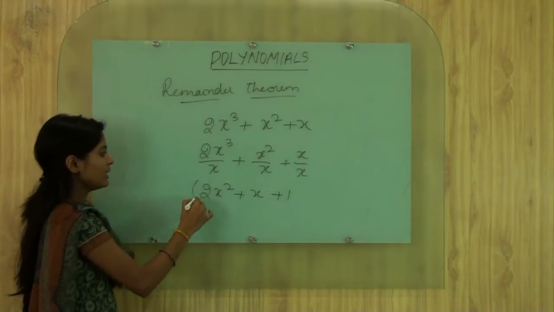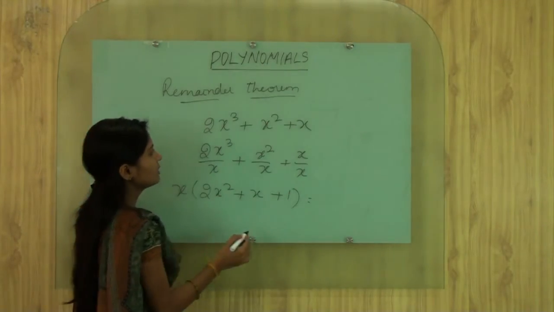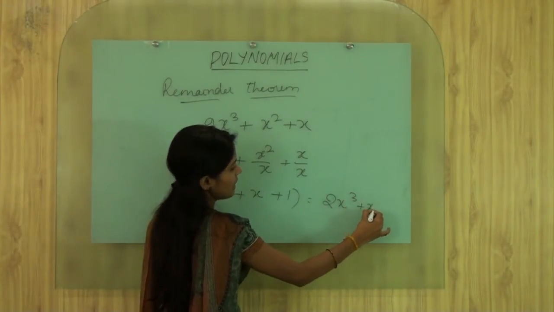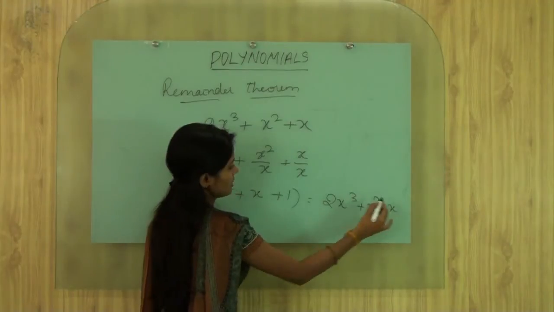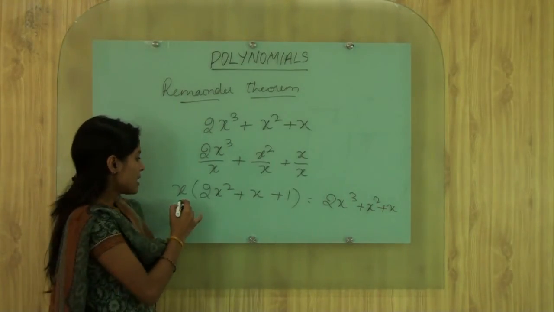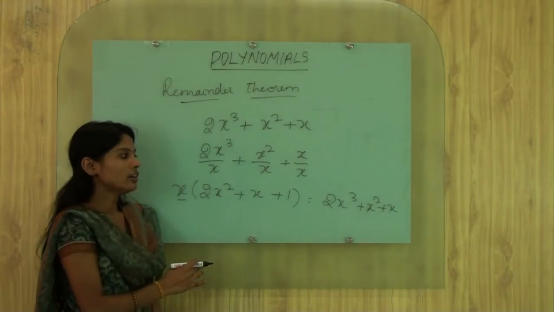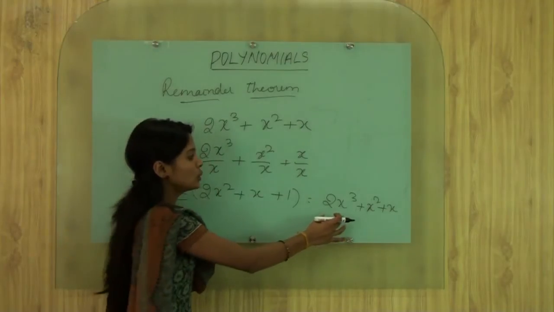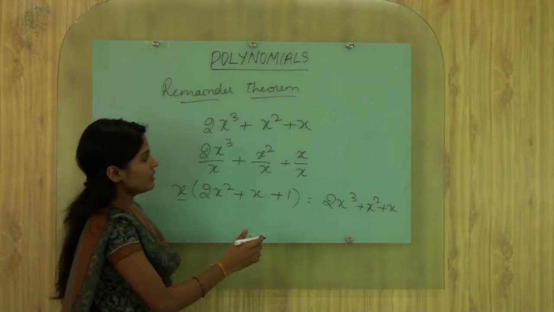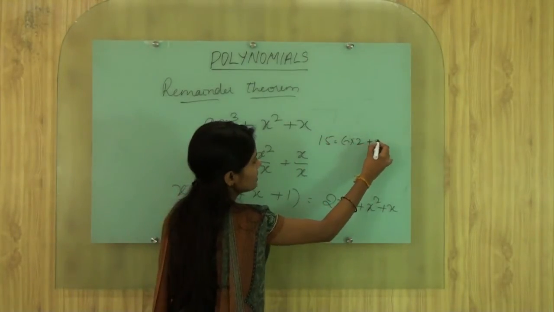See, if we multiply this value with x, then we get the same value 2x cube plus x square plus x. We can say that x and 2x square plus x plus 1 are factors of 2x cube plus x square plus x. In the previous case we had 15 is equal to 6 into 2 plus 3.